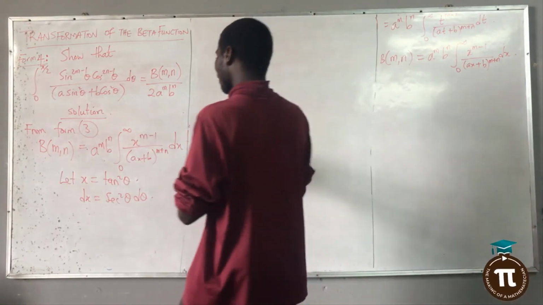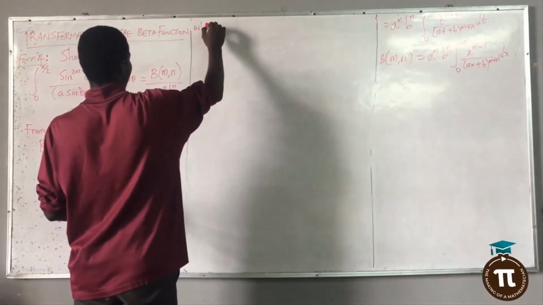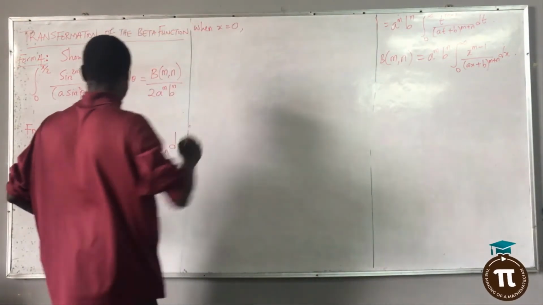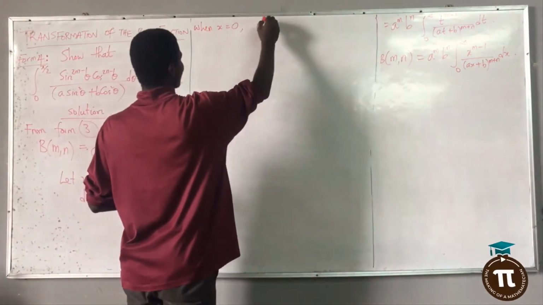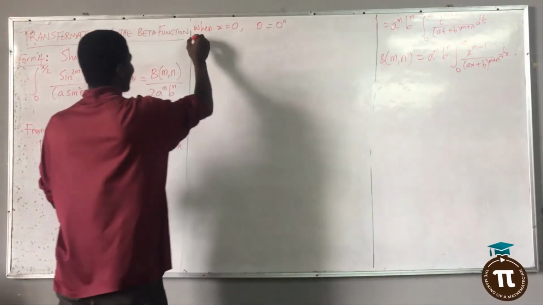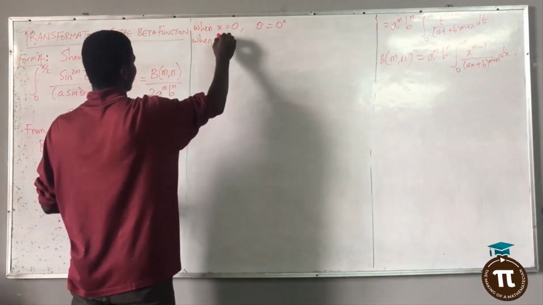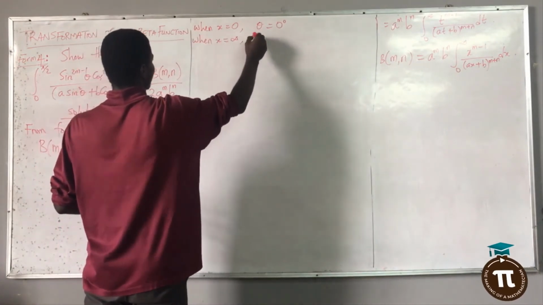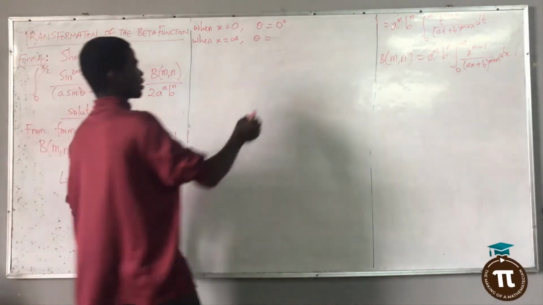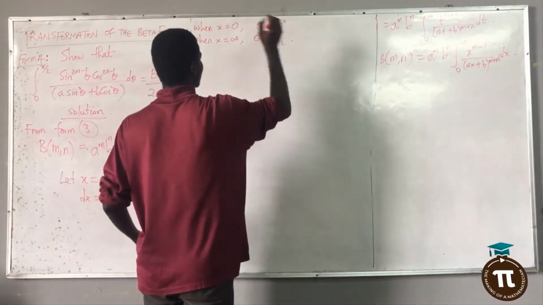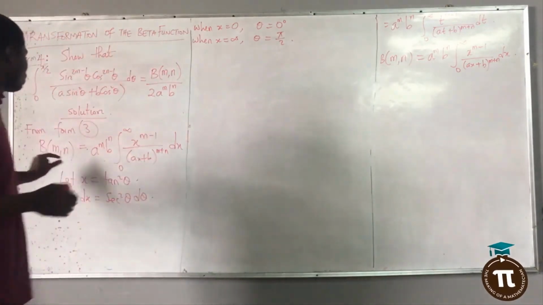So when x is 0, arctan of 0 is 0. Theta will be 0 degrees. And when x is infinity, arctan of infinity is pi over 2, 90 degrees. That's pi over 2. So I will use this.